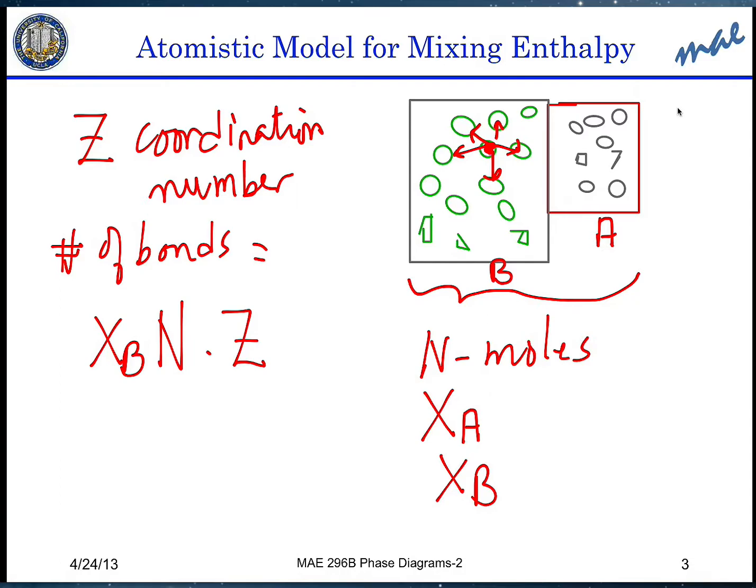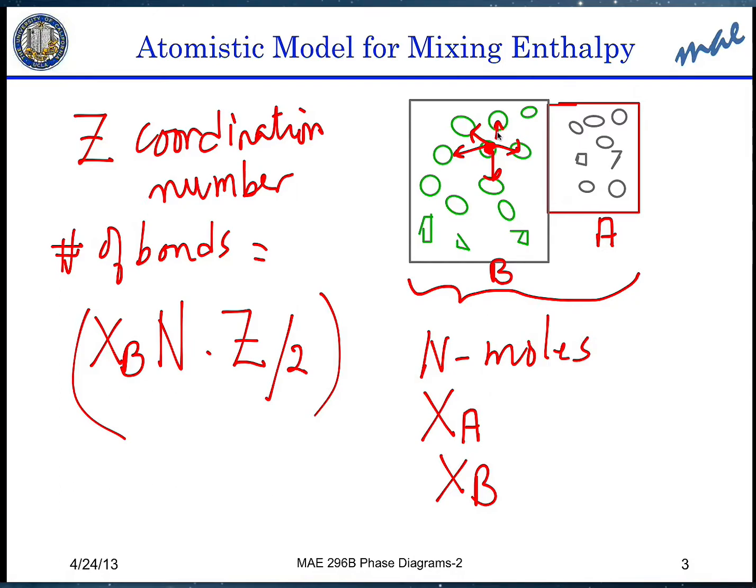However, I'm double counting the bonds, because if I count it for this atom, I'm also counting this atom. This bond from here to here is the same bond from here to here. And therefore, I'm double counting. Therefore, the number of unique bonds is X sub B times N times Z over 2.